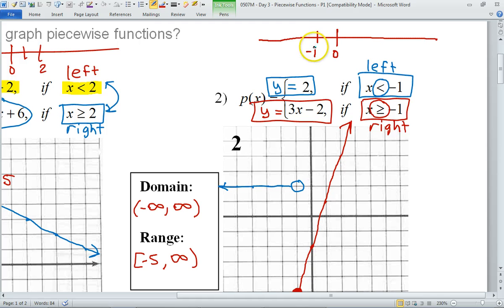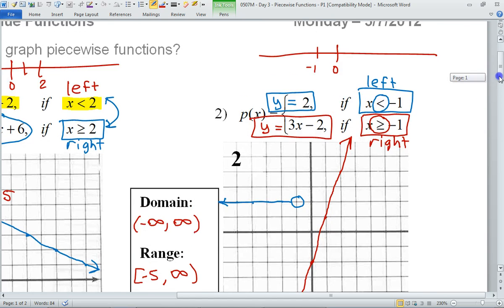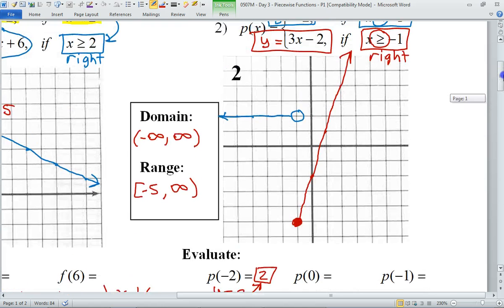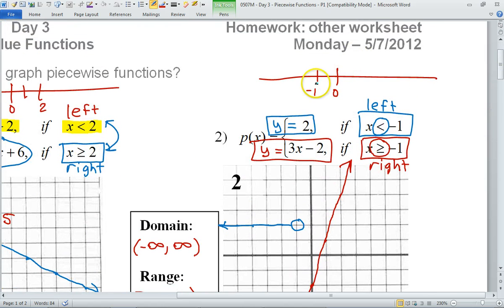Anything to the left is less. So that's why if I talk about 0, es mayor que -1 porque queda a la derecha. Okay? All right, 0 is bigger than negative 1.